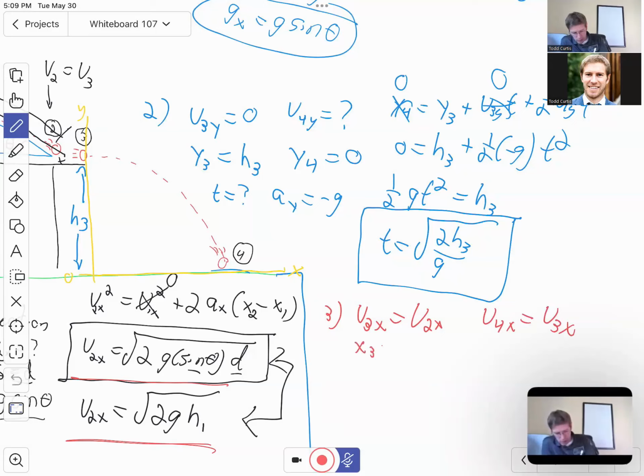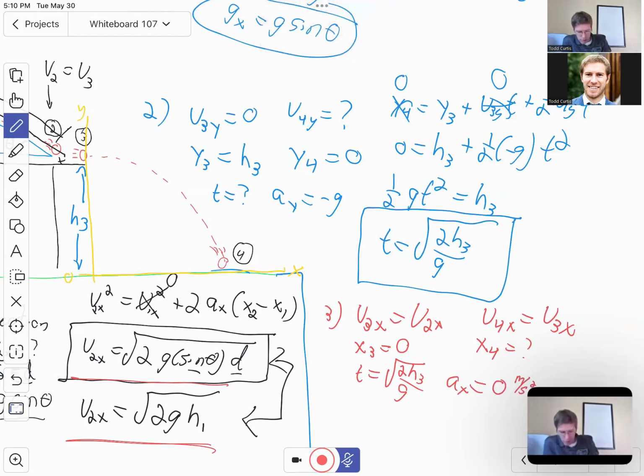So x3 we define as 0. X4 is what we're trying to find. The time here is just going to be what we just found, so we could just call it the square root of 2h3 over g. Ax is 0 because things in projectile motion have 0 acceleration.